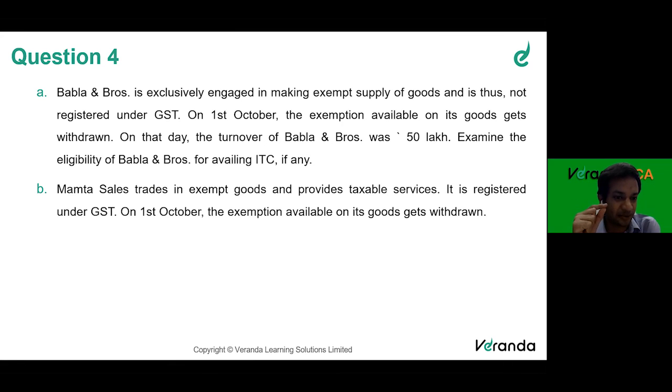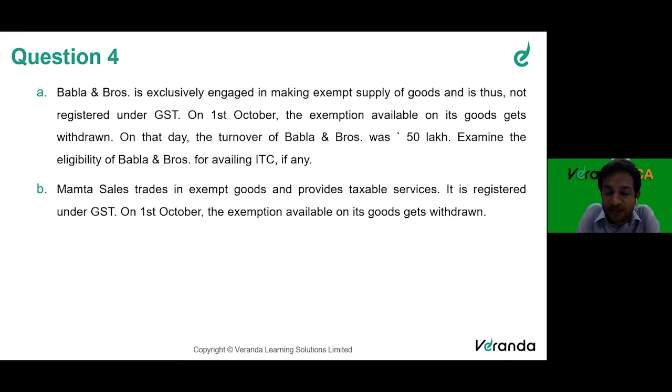But the only difference between point A and point B is that in point B, you can take input tax credit on capital goods also. I repeat, capital goods also you can take input tax credit. In the first provision, unregistered to registered, you cannot take credit on capital goods. But in case of exempt to taxable, you can take credit of capital goods also.